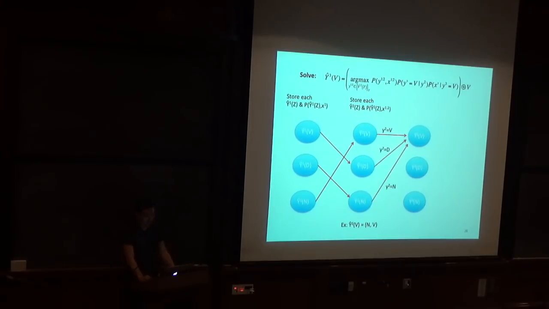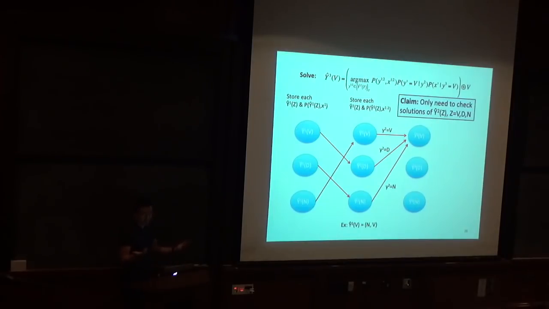Try transitioning from this prefix solution from verb to verb, from determiner to verb, from noun to verb, multiply by the probabilities of the transition and the observation probabilities of the x. And we just keep doing this until we reach the end of the sequence.